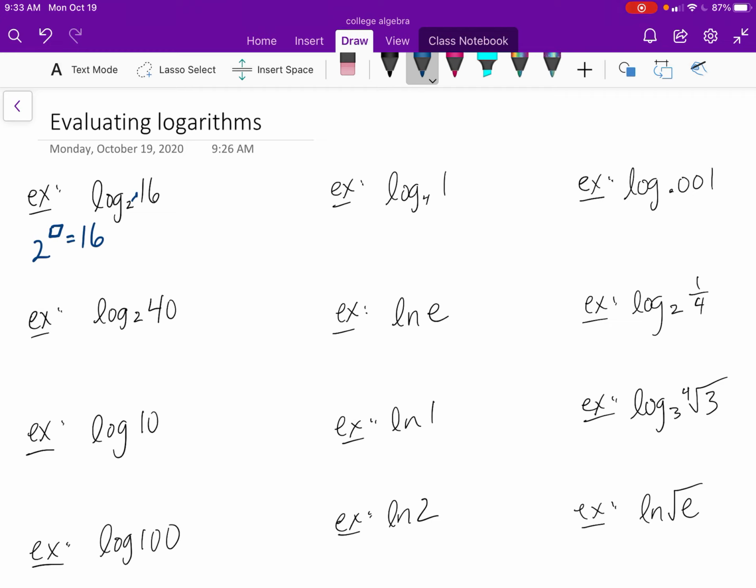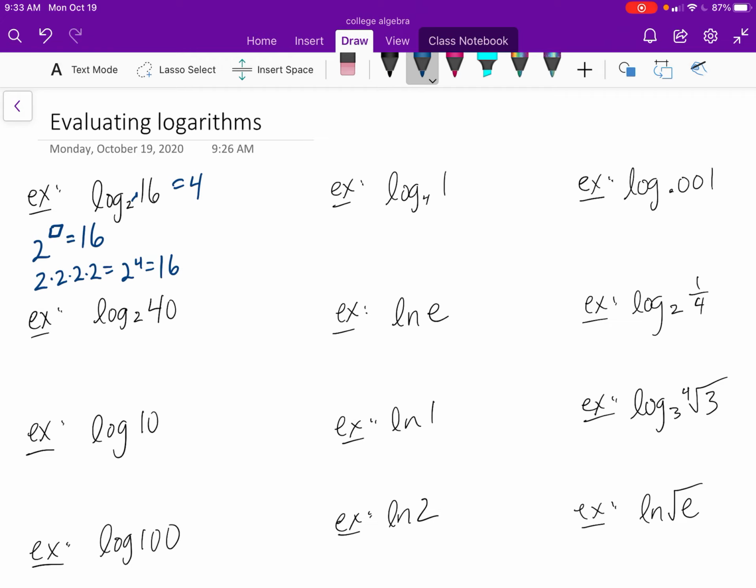But either way, I can look at this and I know the result is 4 because 2 times 2 times 2 times 2, to the fourth, is 16. So therefore, this answer is 4.